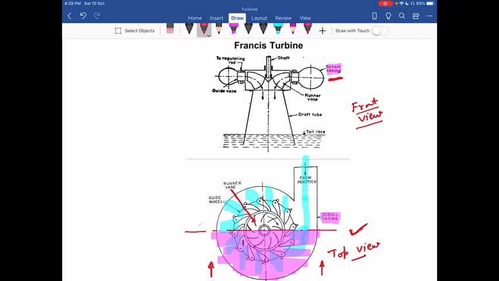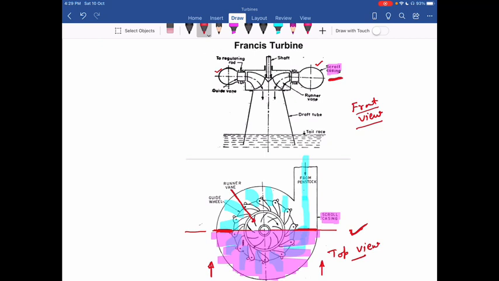Okay. So on this side, you can see I have one circle for the casing. So that is this one. On the other side, I have another circle but with a smaller diameter. Okay.